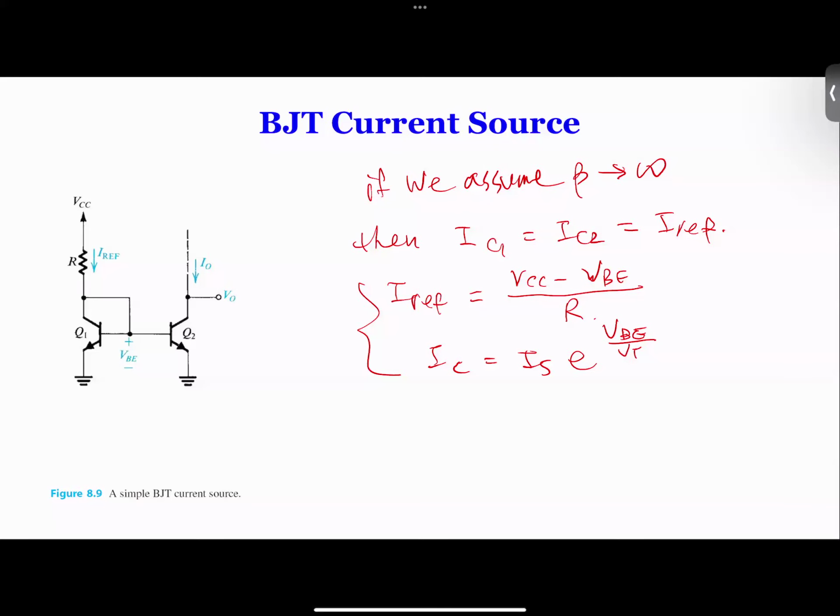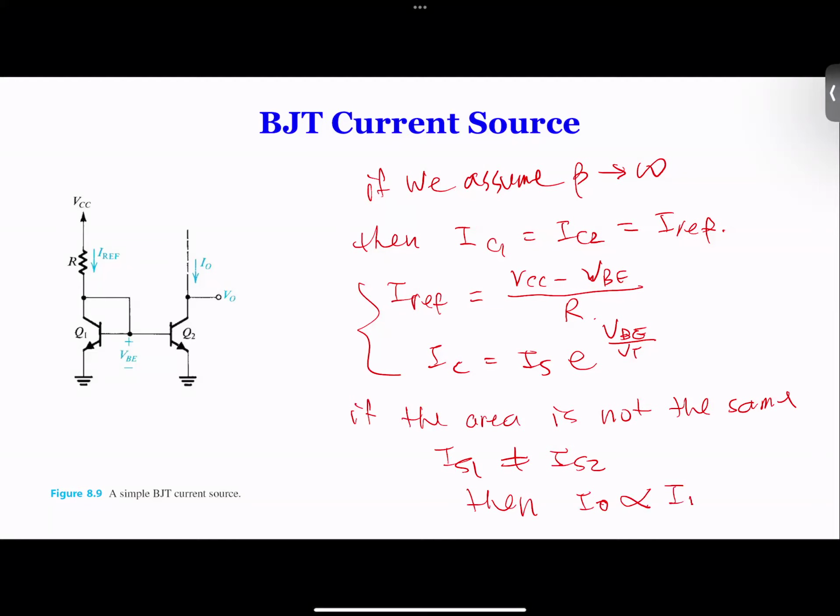And then if the area is not the same, which means IS1 is not equal to IS2, then they will be proportional. So current IO in this case will be proportional to I reference by a ratio: surface area of 2 over surface area of 1.